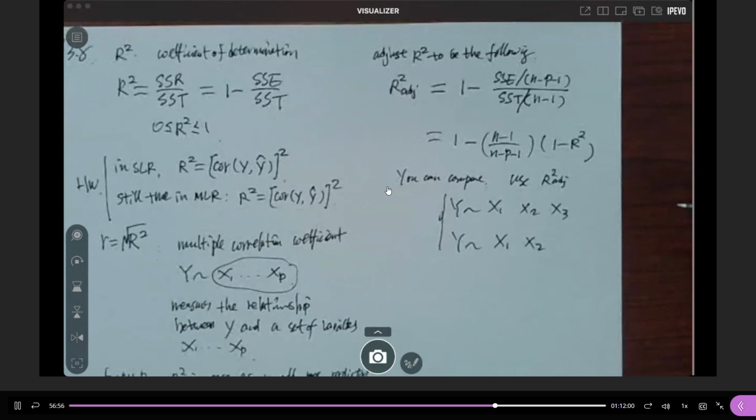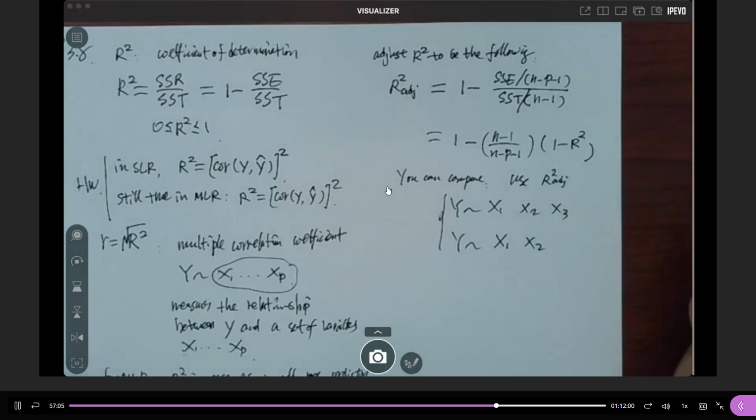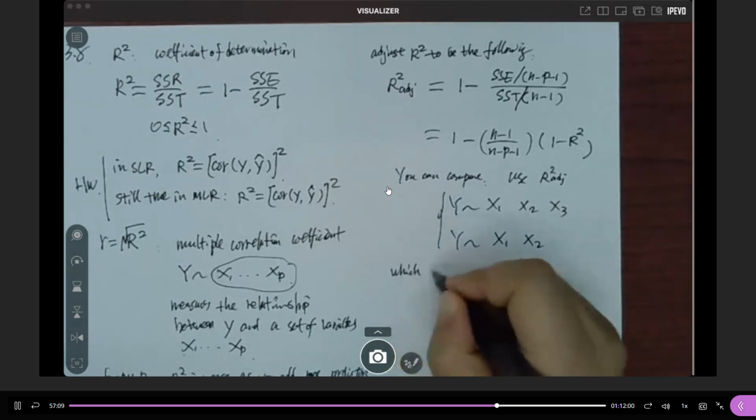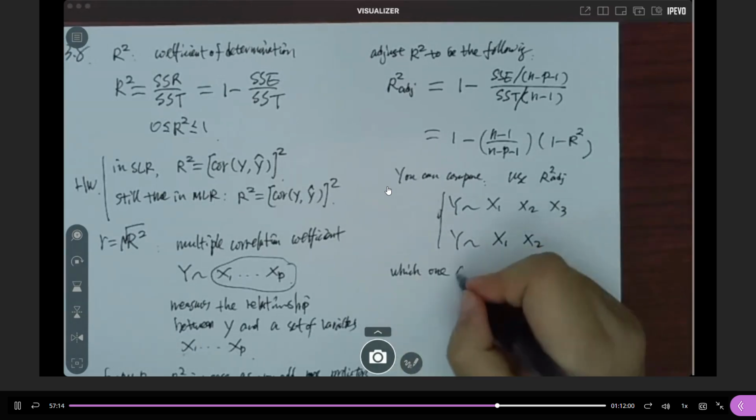So we haven't touched the topic of model selection yet. In application, a lot of times you are the one to define your regression model. You are just given data, and you have a lot of candidate predictor variables. You are the one to decide whether to use this model or that model.